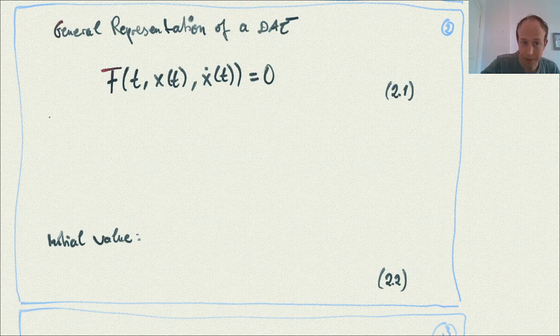So here f is a function that takes the time from a time interval. So here that's the time interval.